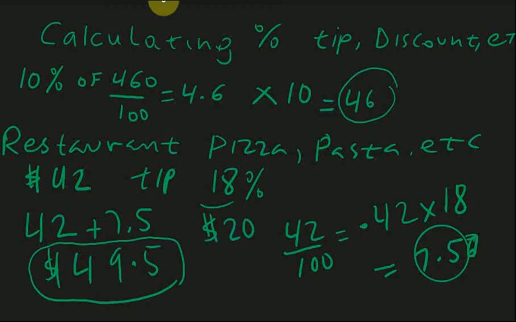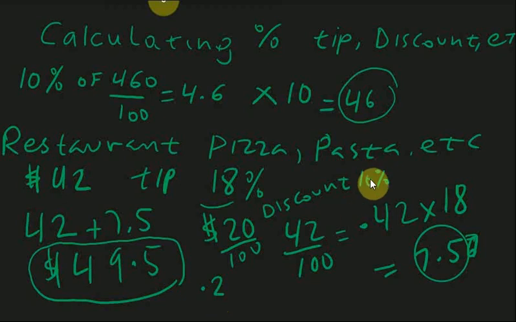So let's say you spend $20, the discount is 10%, which means you're not going to pay the whole 20. With the discount, you're saving 10%, right? So you have to know what to do. Like I keep saying, divide by 100, you get 0.2.